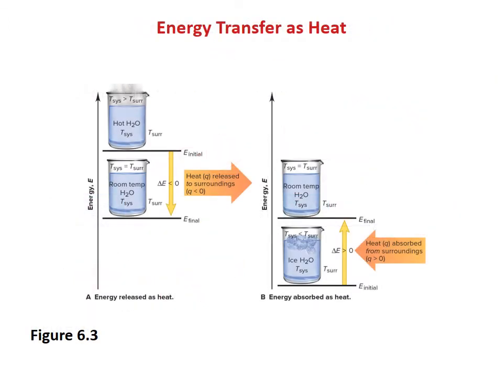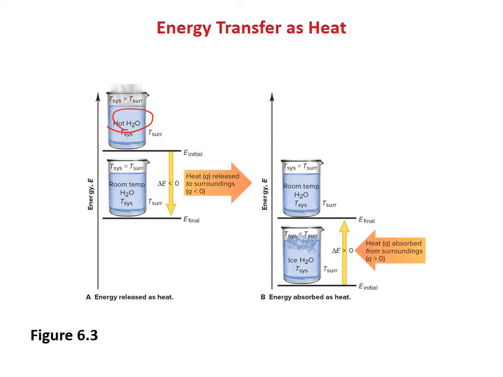Let's ignore work and consider heat as the only source of energy change. Suppose the hot water is our system, and the beaker holding it and the rest of the lab are the surroundings. The water transfers energy as heat outward until the temperature of the water and the surroundings are equal.